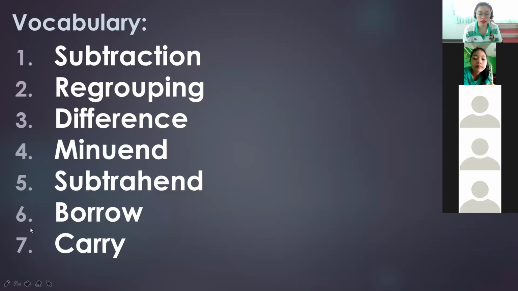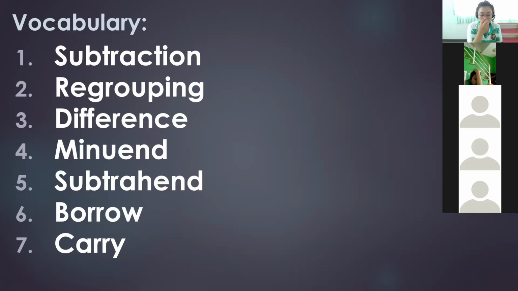Number 6, the word borrow. Number 7, the word carry. So these are our vocabularies for today that we're going to use in our discussion: subtraction, regrouping, difference, minuend, subtrahend, borrow, and carry.